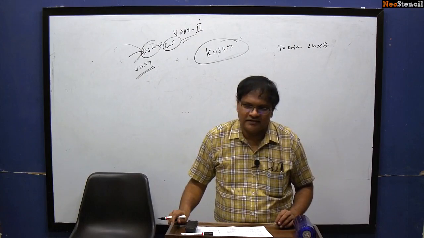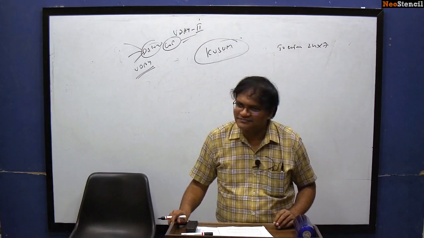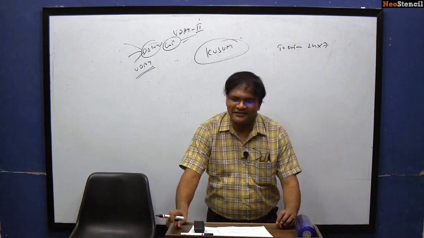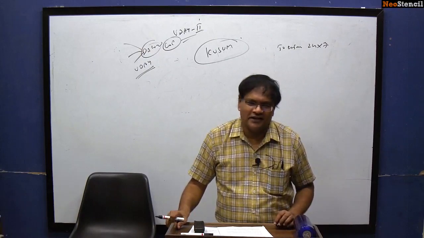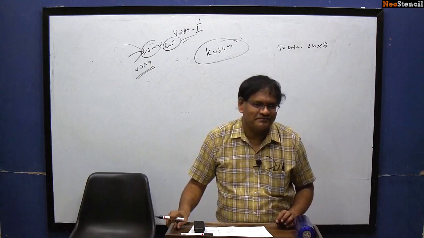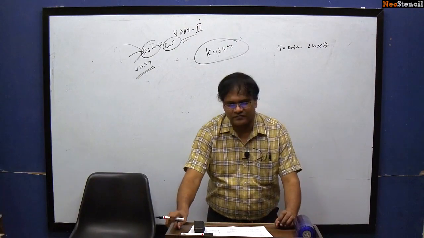Have you heard about this? The problem with the Modi government is that they have so many acronyms. Here, Modi is also an acronym, MODI. So, what is Kusum? What is the objective of this scheme?